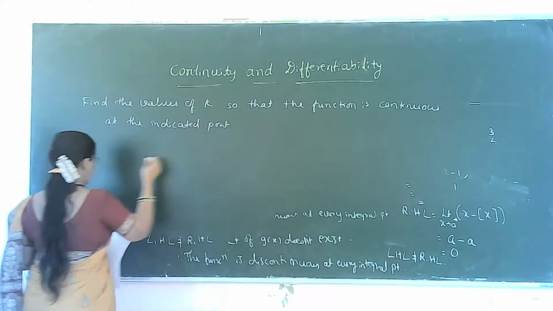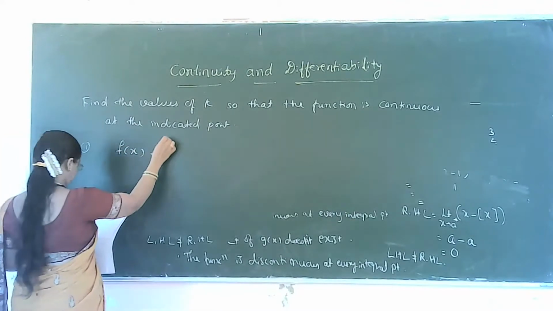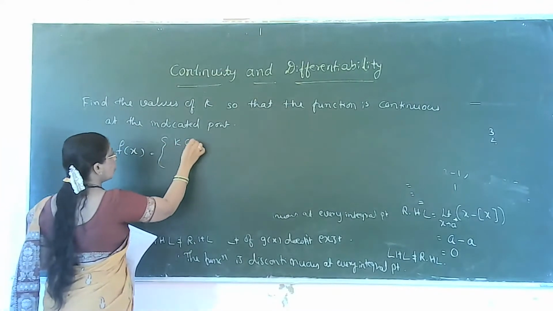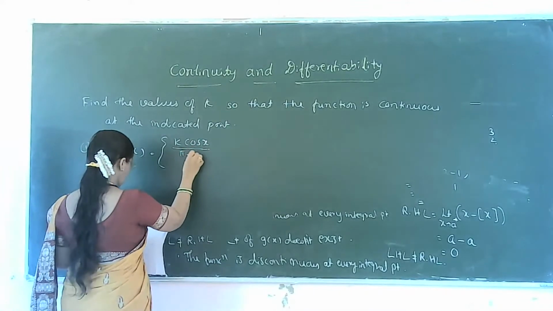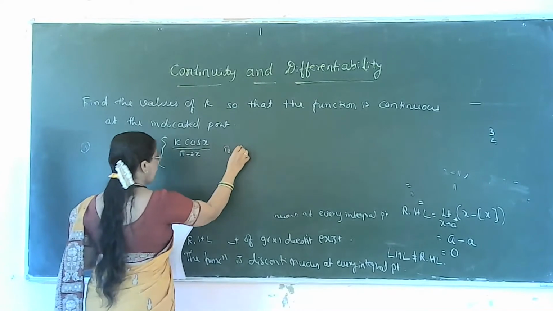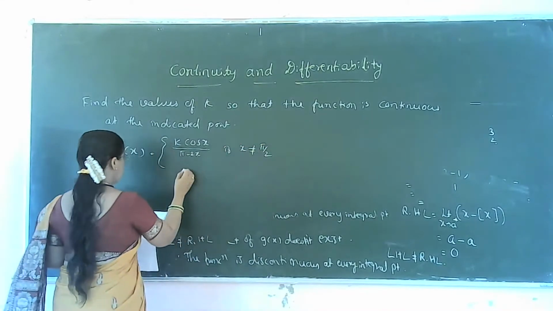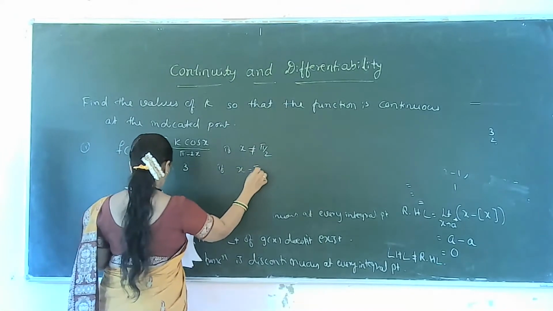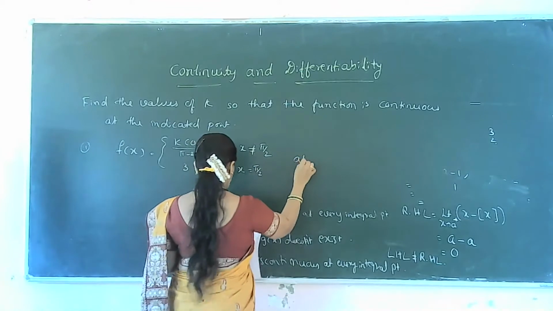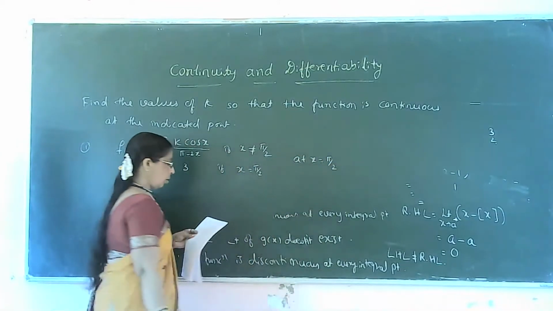First one, f of x equal to k cos x divided by 5 minus 2x if x is not equal to 5 by 2, and 3 if x is equal to 5 by 2.